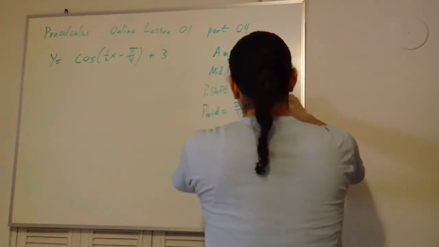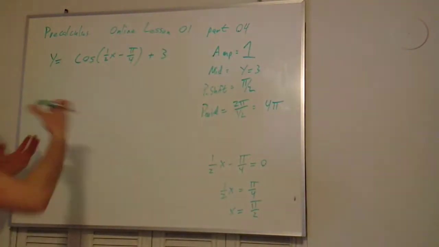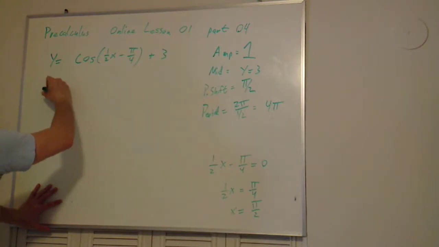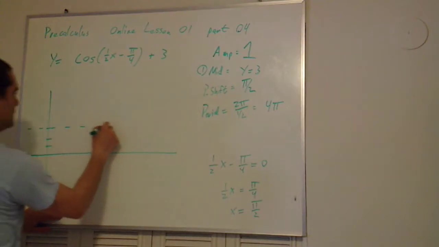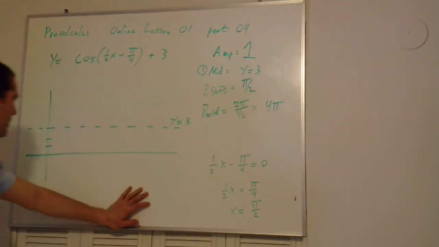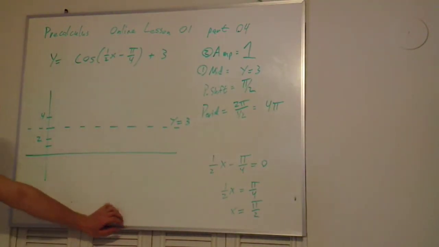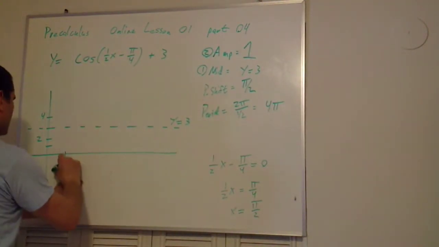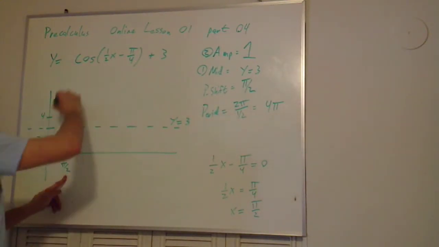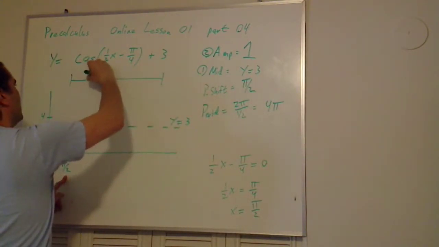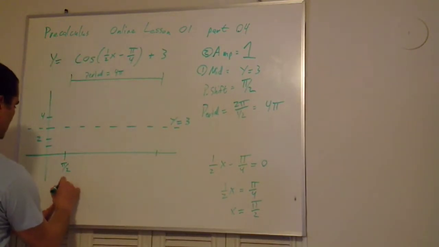Okay, so I'm just going to create a new function. I'm going to stick with the sine wave for now. I'll do another example after this that'll be a cosine wave. Let's say I want to do 2 sine of 3x plus pi, minus 2.